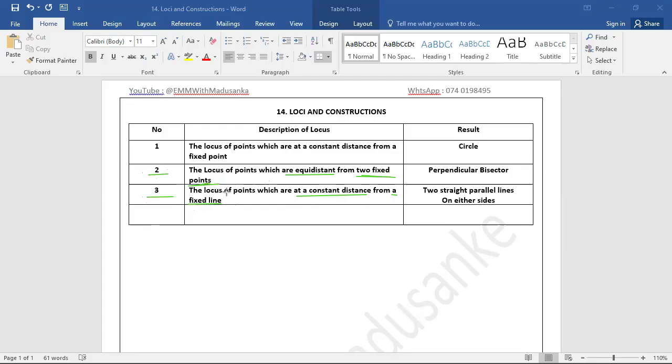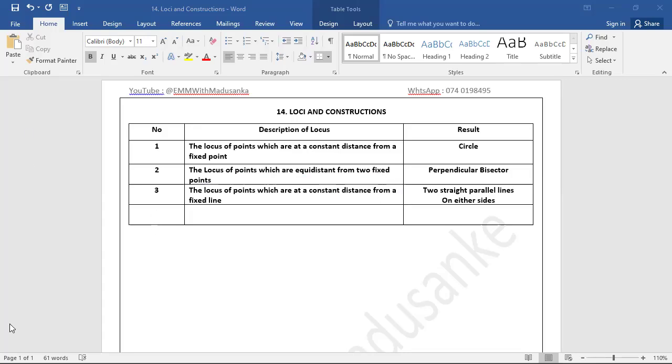You have to identify the difference between them. This is a main point where you got wrong. The locus of points which are at a constant distance from a fixed line. Here you have two fixed points. That is very important. So you need to identify the difference between them, right?